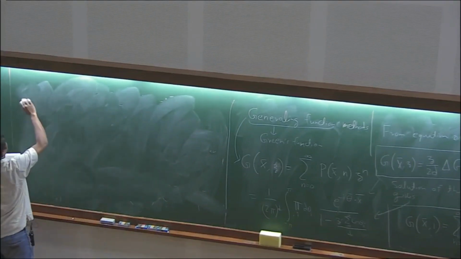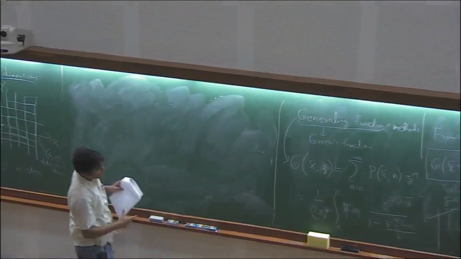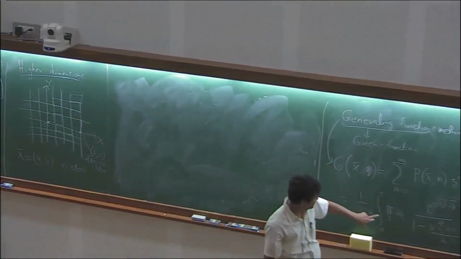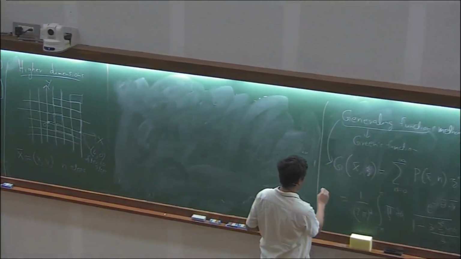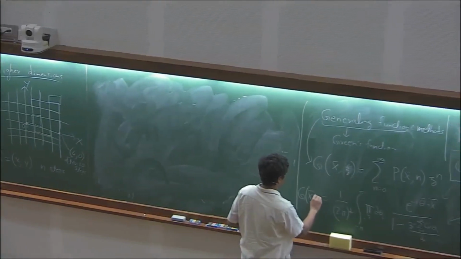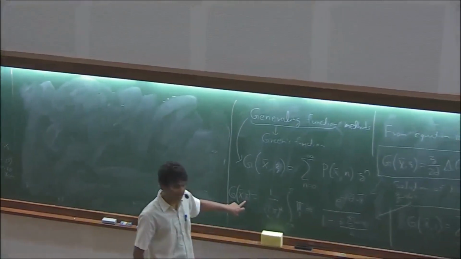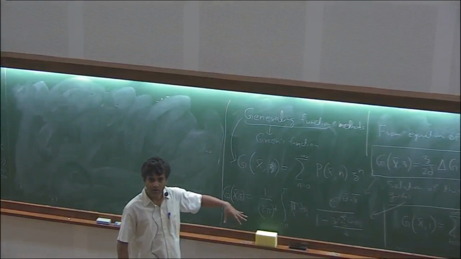Okay, so this was the expression for G of x, z, and now we just want to put z equal to 1, and compute this object.